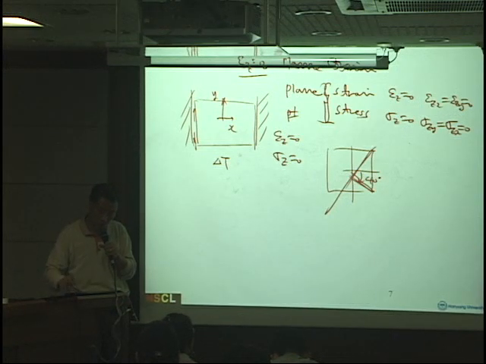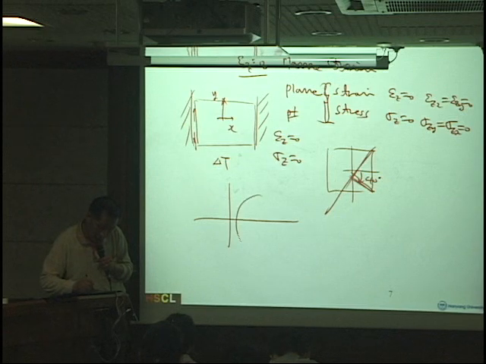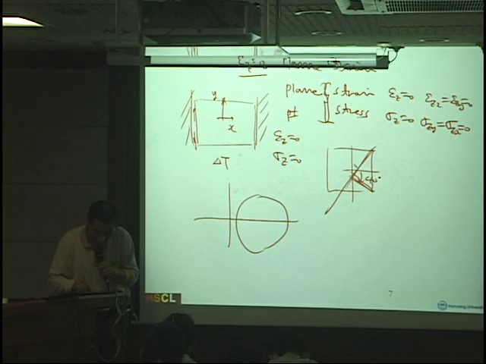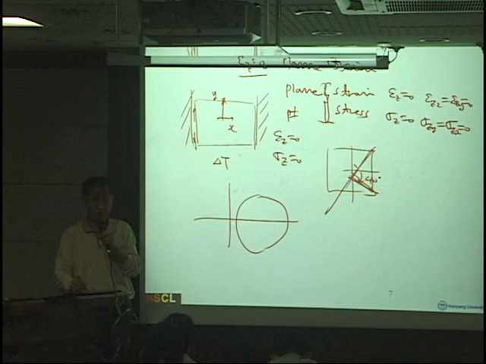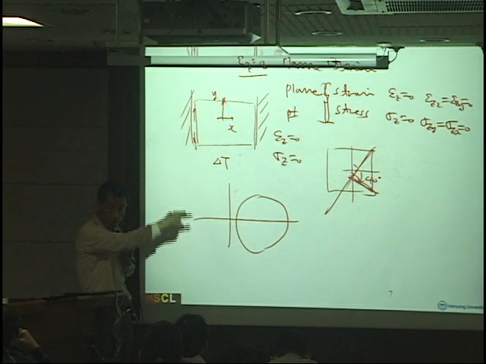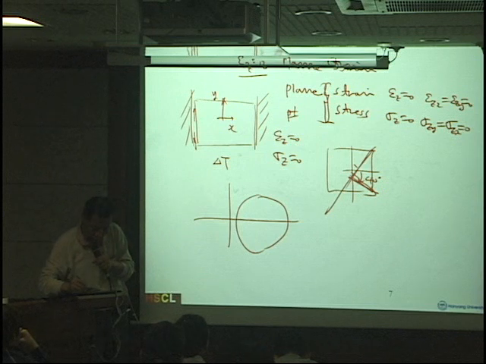I do not know the solutions, but whenever you draw the Mohr circle, the simple procedure is this. The question is, we need to calculate the stress in this plane, right? The plane rotates clockwise, 40 degrees clockwise.